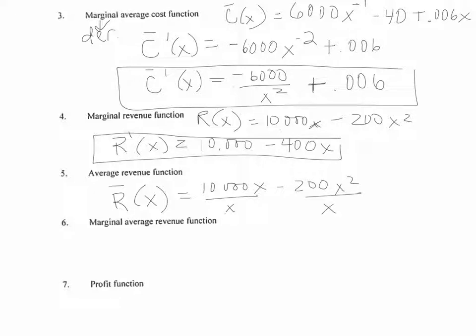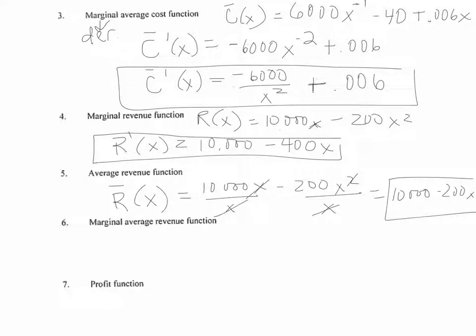Now, when I do that, in the first term, the x cancels, doesn't it? And in the second term, an x squared on the top with an x on the bottom cancels out the x on the bottom. It's going to become x to the first on the top. So what is my average revenue function? You got it, 10,000 minus 200x.